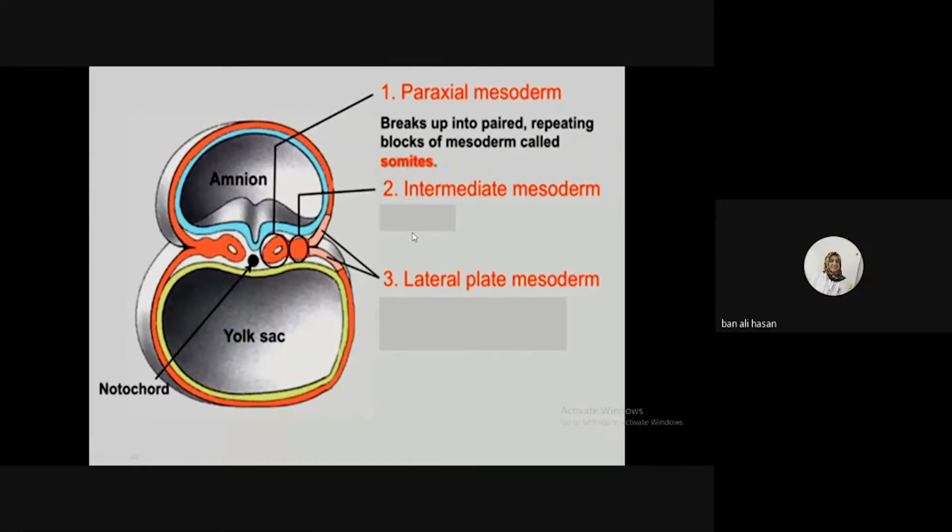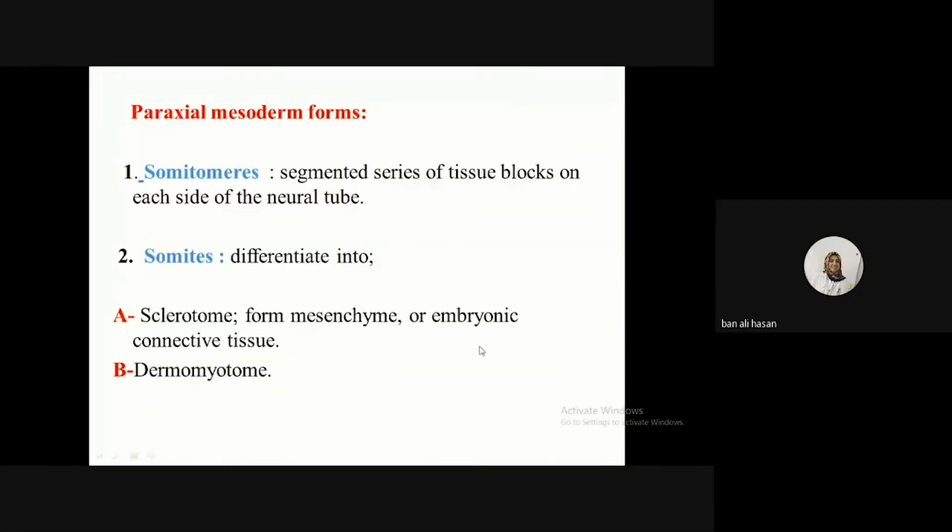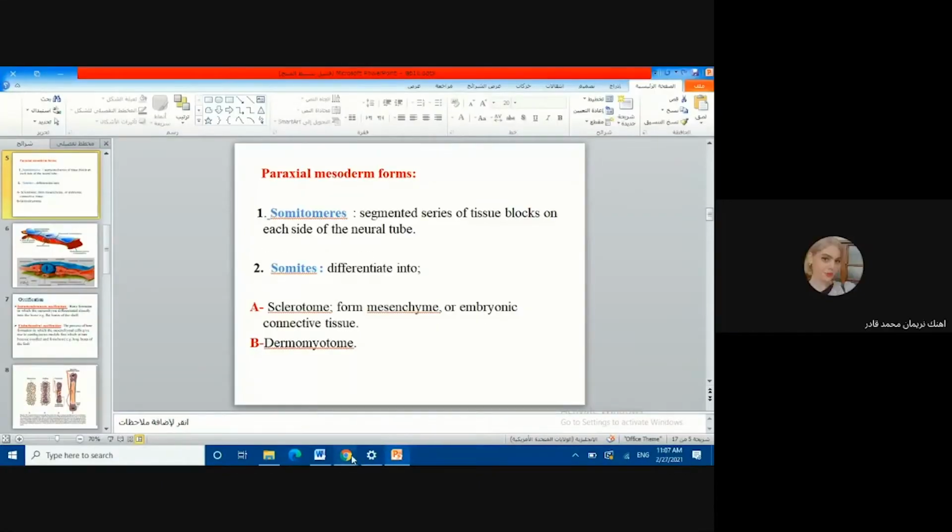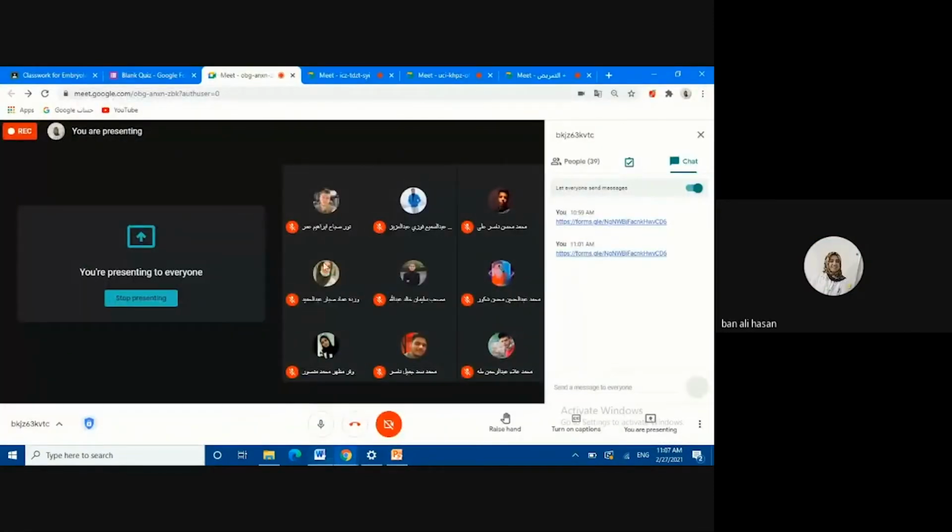While the ectoderm, especially the neural crest in the head region, because we said before that neural crest cells have the ability to migrate, also differentiates into mesenchyme, and this mesenchyme will participate in the formation of the face and the skull. So this is the origin of the skeletal system generally.